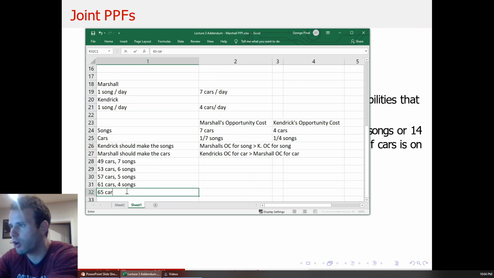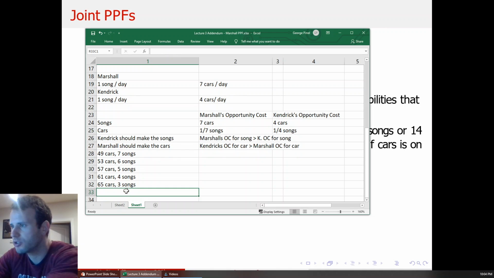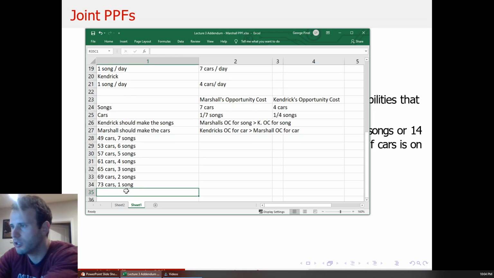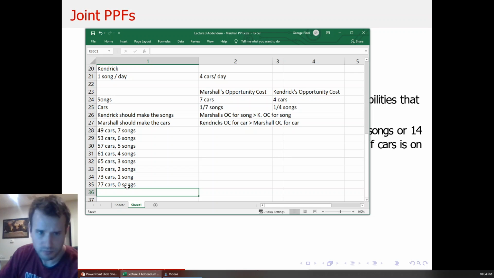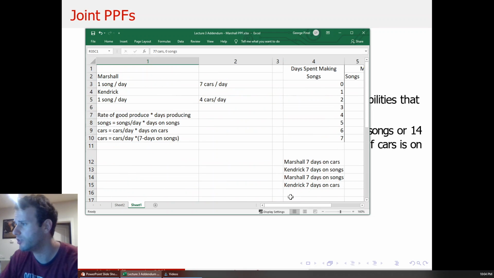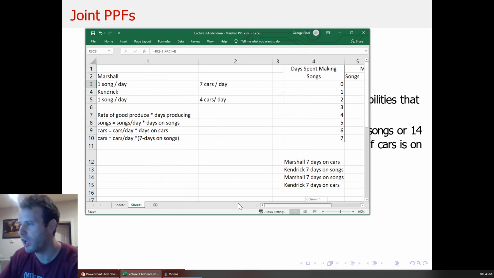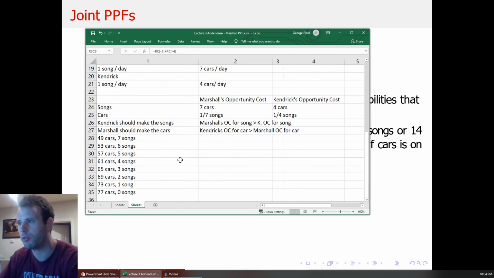And 65 cars and 3 songs, and 69 cars, 2 songs, 73 cars, 1 song, and 77 cars, 0 songs, right? And this should look familiar, because this was the max number of cars that they could make, which we had already established: 77 cars, 0 songs. That's if they spent all their time making cars.